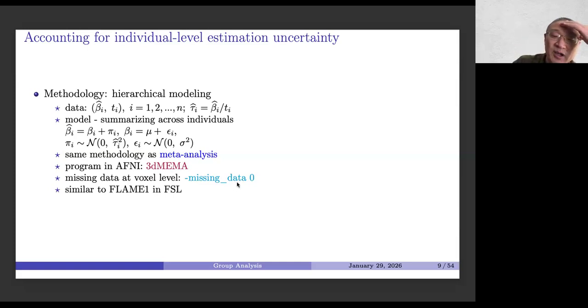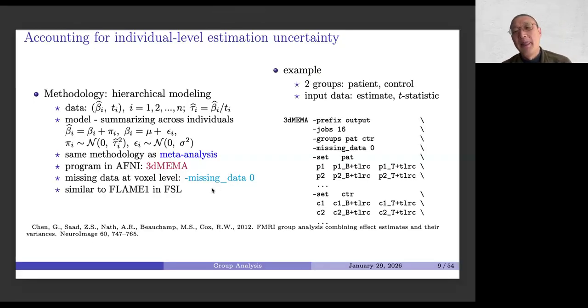It can also handle missing data, similar to 3dttest++ with the -zskip option. Here we look at a concrete example using 3dMEMA. We need to provide both beta and the t statistic as input. For example, here we set the missing data as 0, which handles the particular case where the missing data is coded as 0.